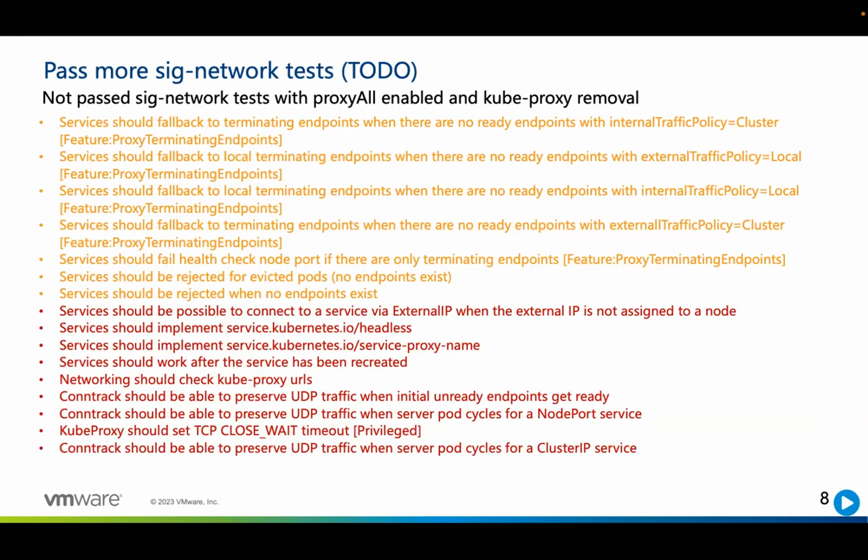The last thing we are going to do is pass more conformance tests. In the coming release of Antrea, there are PRs to resolve this. These are tests we can't pass for Antrea with proxy all enabled and other options under default.